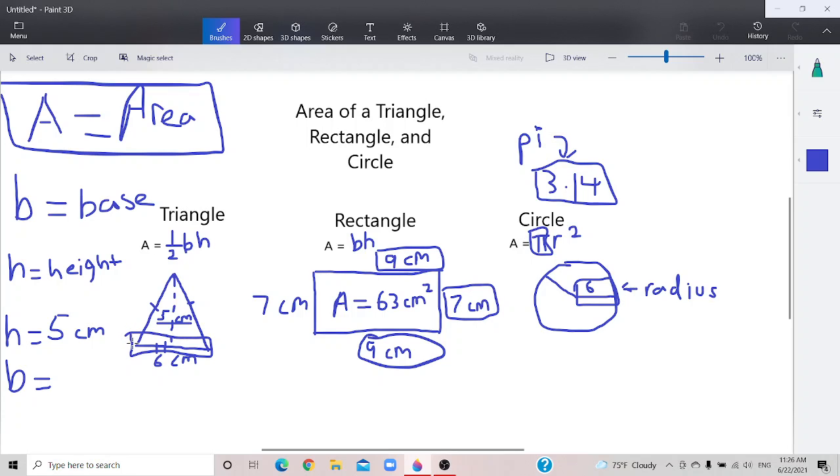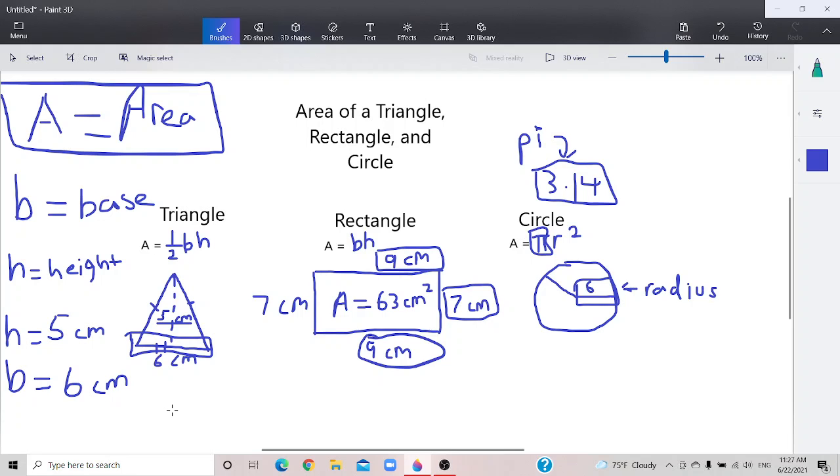So in this case, the base is on the bottom, but we could invert this triangle and keep it like this, and we can say 6 centimeters, and this would still be the base. Okay, so we found the base as well, so the base is 6 centimeters.